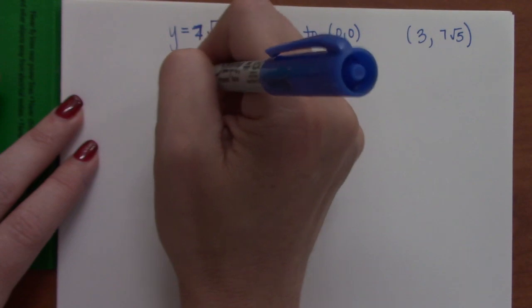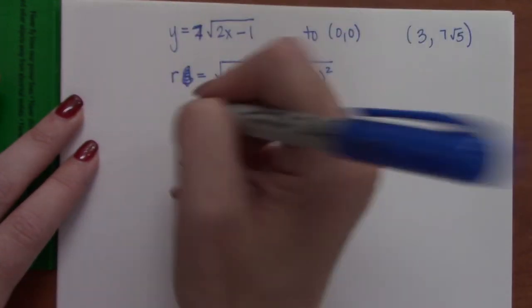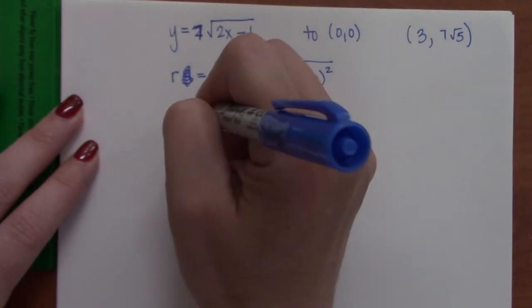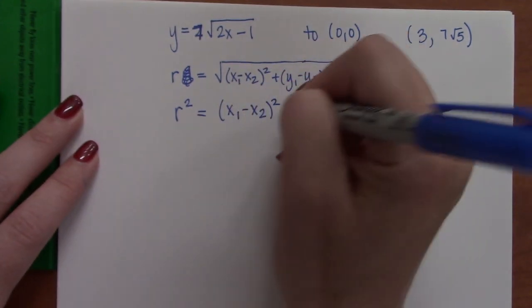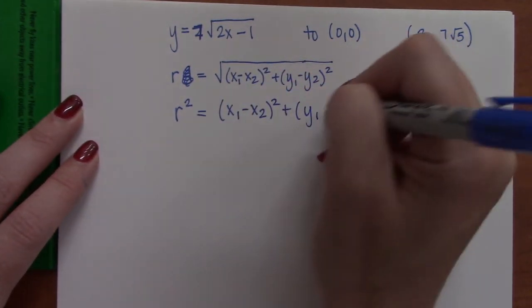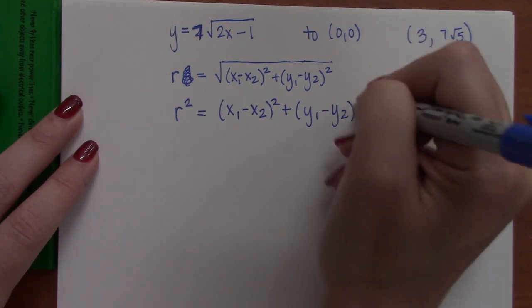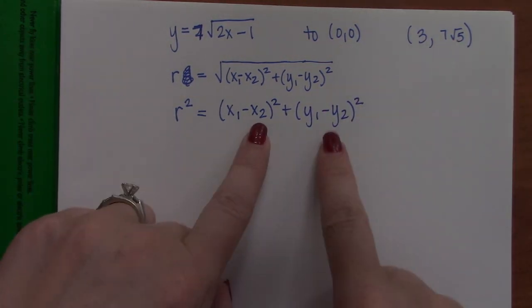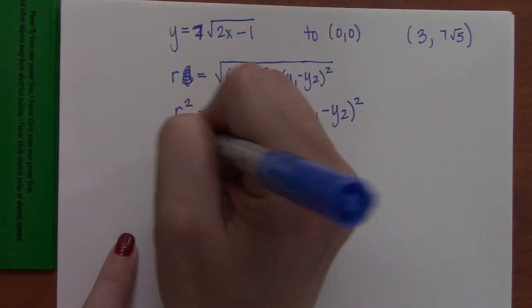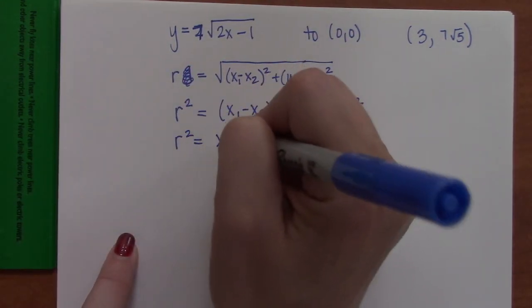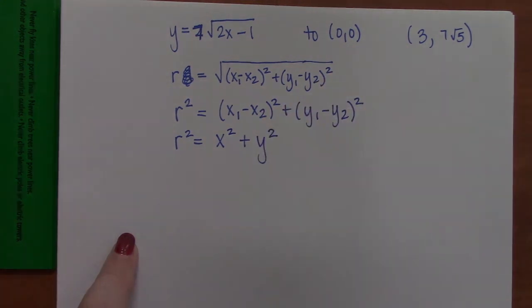And so let's actually call this guy r, so that way when we square it, we don't have a d to deal with. So when you square both sides, right, you basically just get the Pythagorean theorem. And since the second point is always 0, 0, our model is just going to be x squared plus y squared.